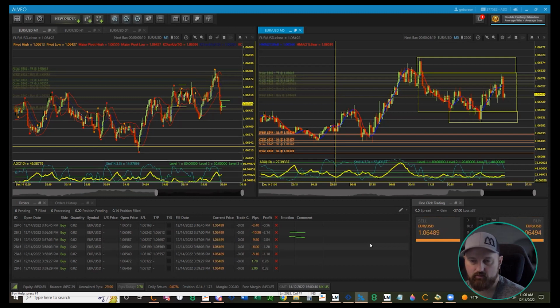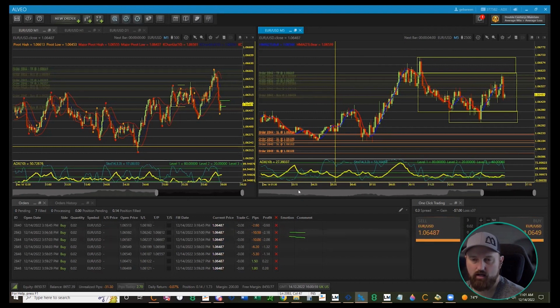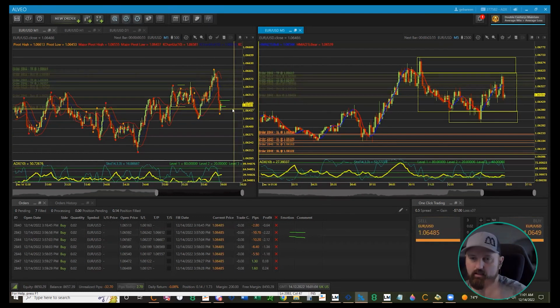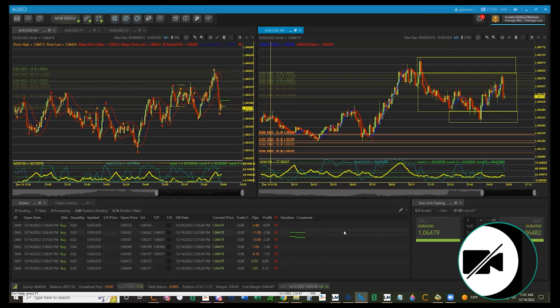If it fails to cross the 50%, you would definitely take the sell on continuation. But if it fails to cross here, it could just come back a little bit and then go higher. Because I am looking for that reversal. That's the next move that I'm looking for. Reversal off this move.